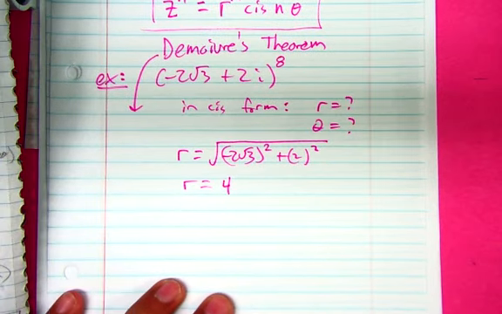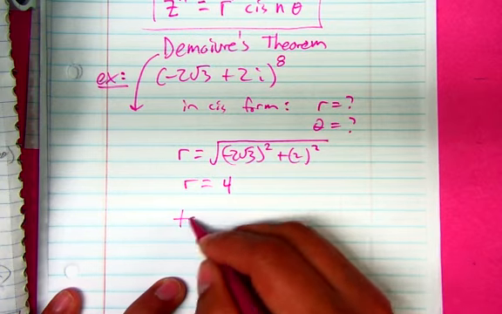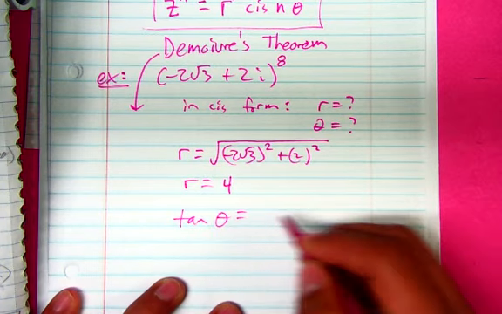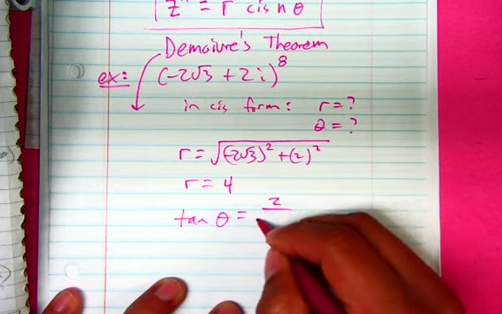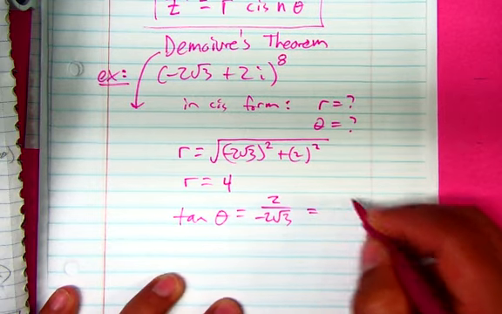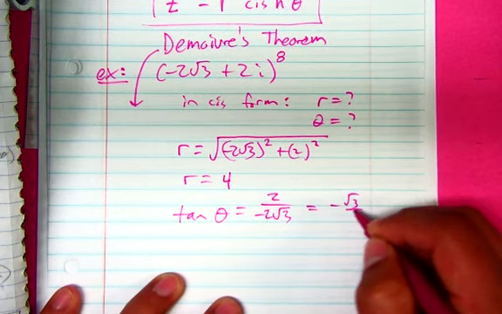Okay. And if we do theta, again, we can do tangent theta equals b over a. So that would be 2 over negative 2 root 3, which is the same as negative root 3 over 3. It's the same number as before, we're just doing it to the 8th power. So to save time, what was it?